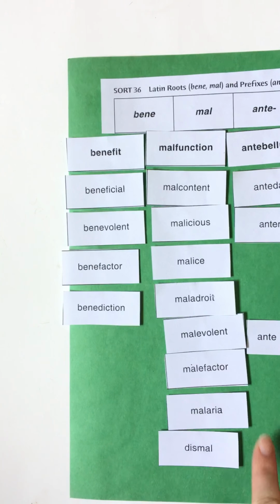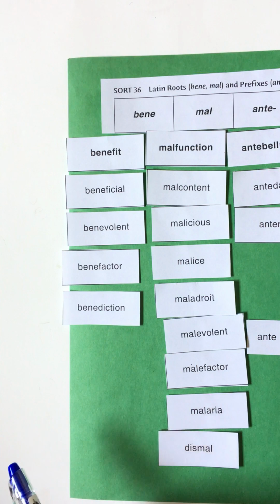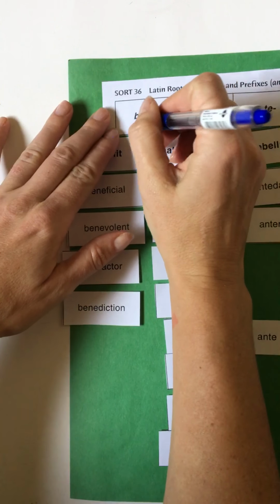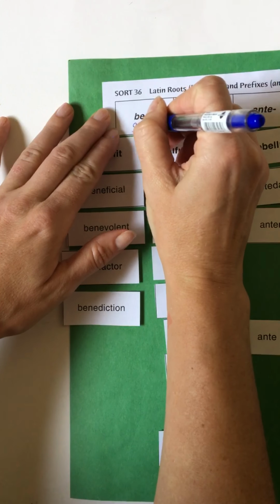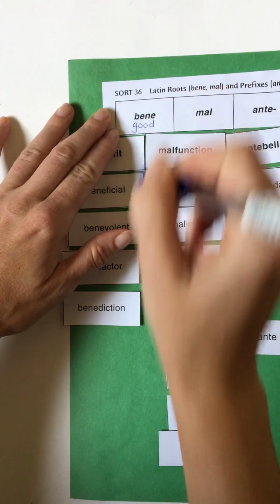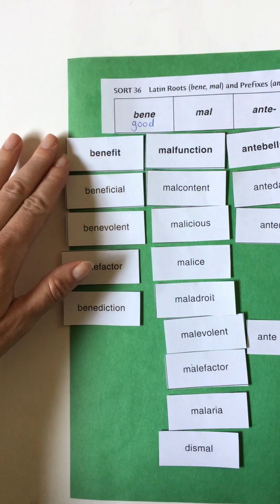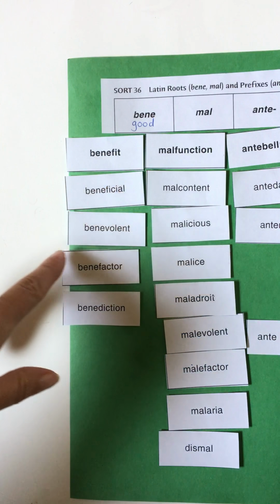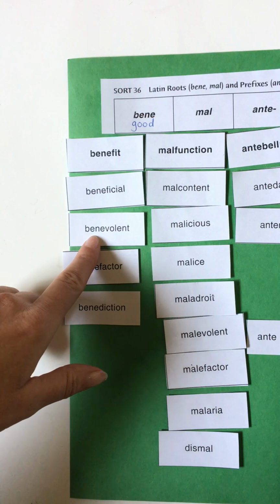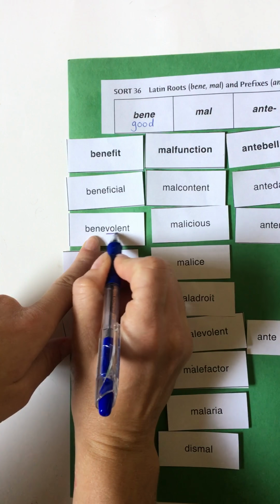All right, so taking a look at our bene words, what do you think that means? Bene means good. So we're going to have some positive words here. We know what benefit means. Beneficial, benevolent. This part right here, it means will.